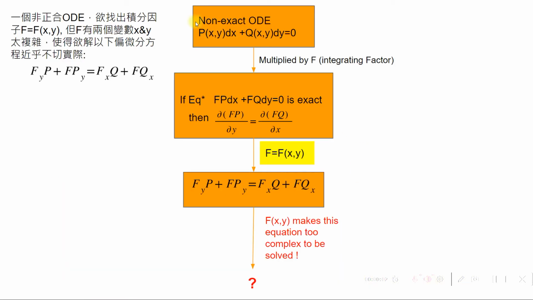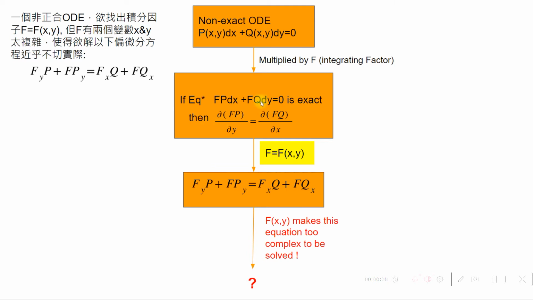Let's say we have a non-exact ODE p dx plus q dy equals 0. And we assume an integrating factor f, and we multiply the non-exact ODE by f. So the original non-exact ODE becomes this one: fp dx plus fq dy equals 0 should be an exact one.